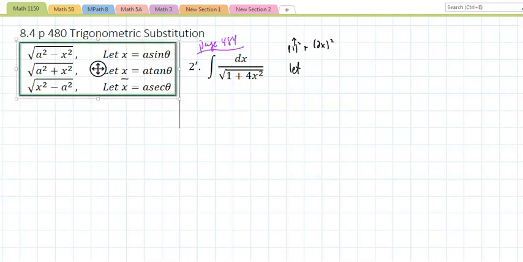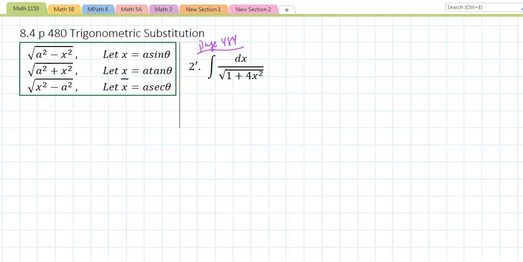What's taking the place of a? 1 is taking the place of a. So what's taking the place of x, I should say.